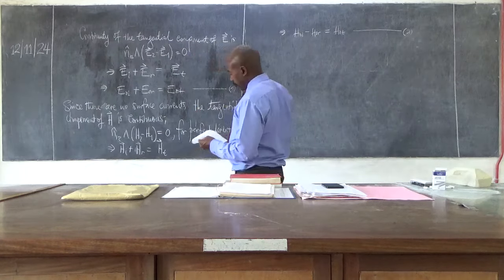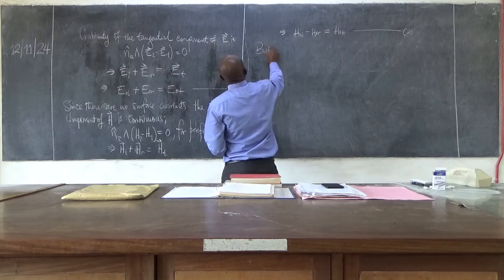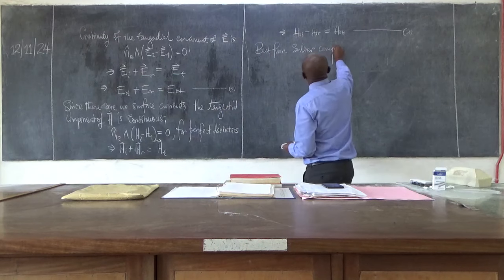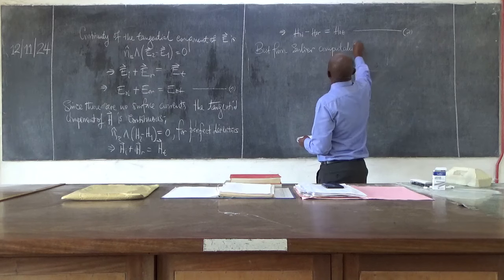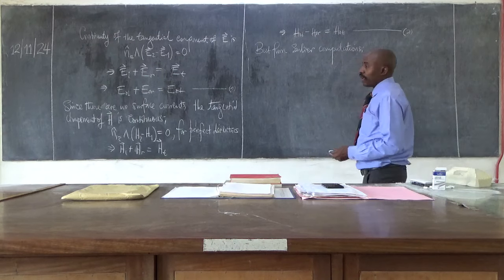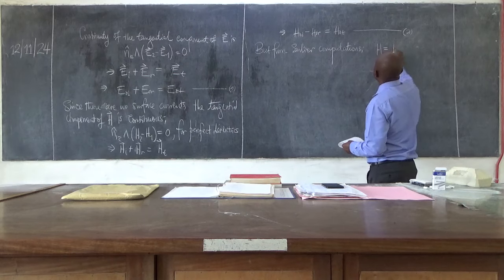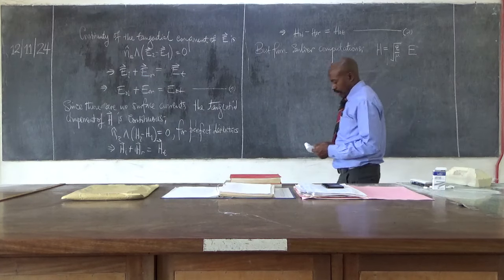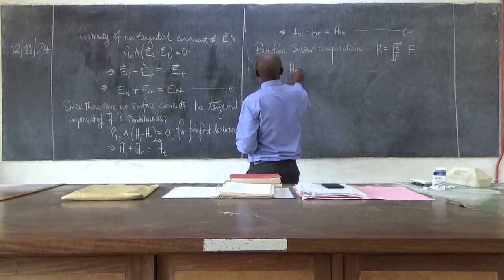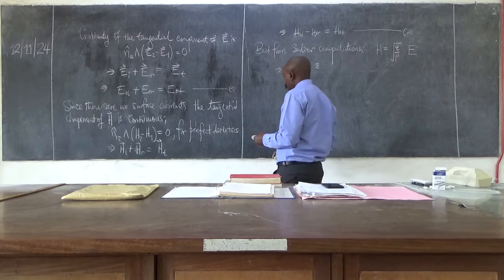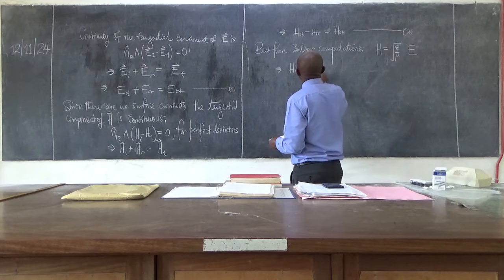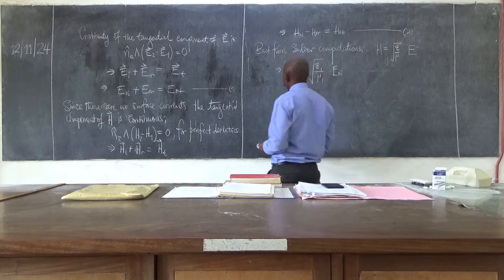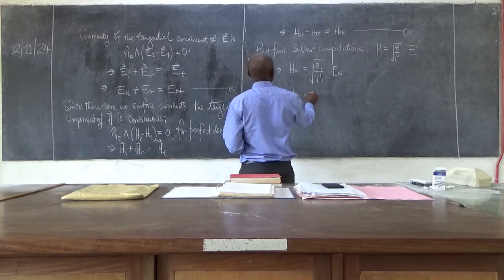But from earlier computations, we said that we can get H from root epsilon over mu E, implying that H naught I will be equal to root epsilon 1 over mu 1 E naught I. H naught I is still in the medium 1.